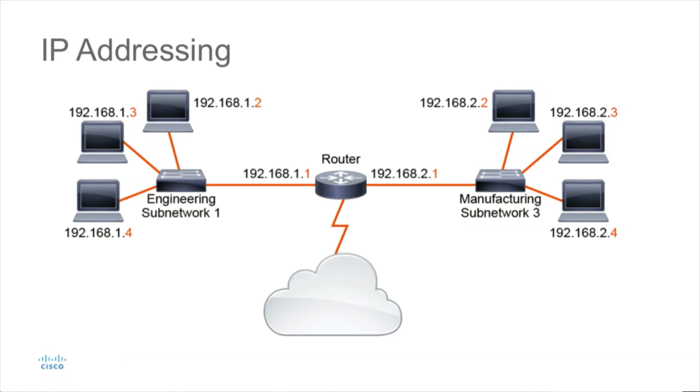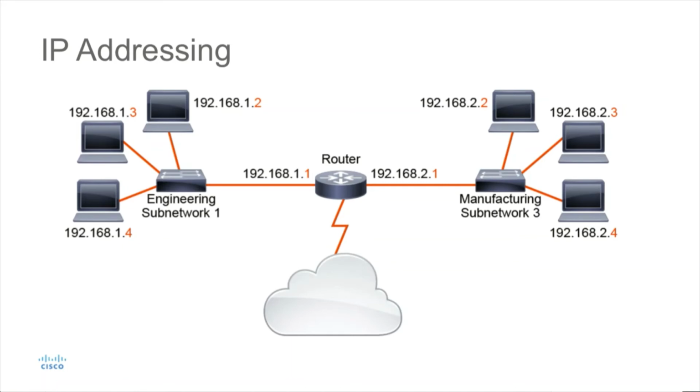On the opposite side of the router, we have the manufacturing subnetwork 3, which is on the 192.168.2 subnet. The router host address for that subnet is going to be .1, and then we're going to have .2, .3, and .4 respectively. Now each of these networks is going to have its own address, and that is the 0 address in the host field.